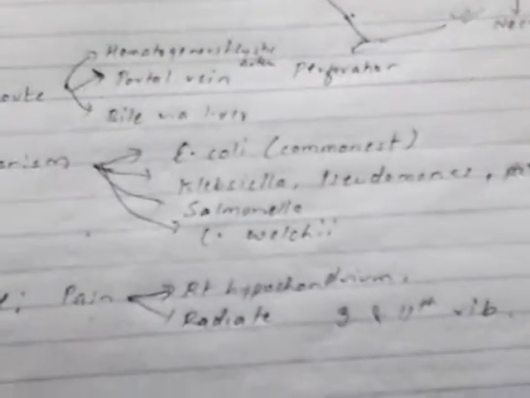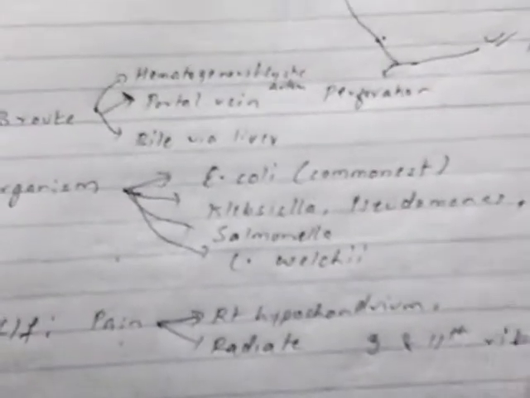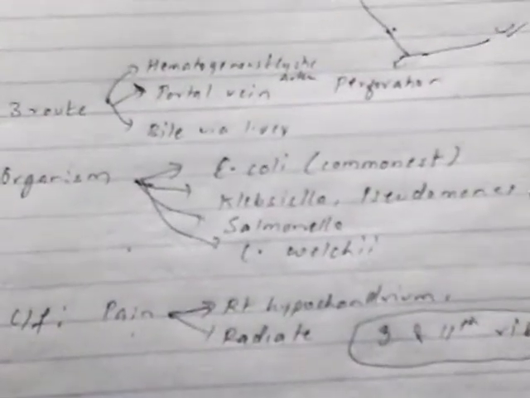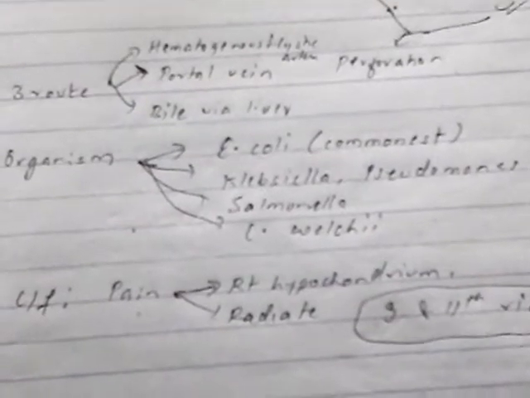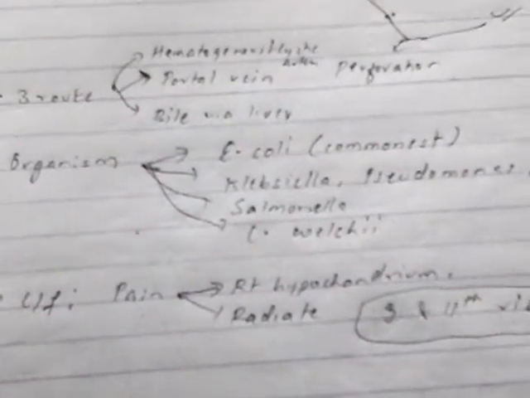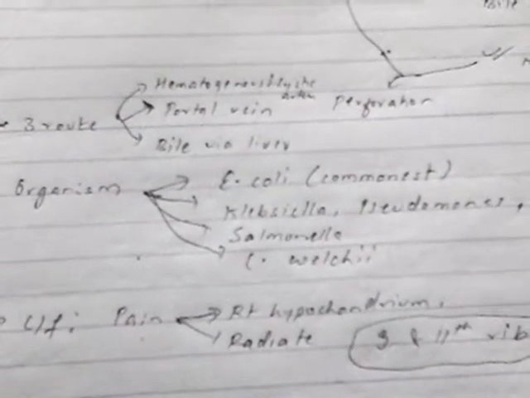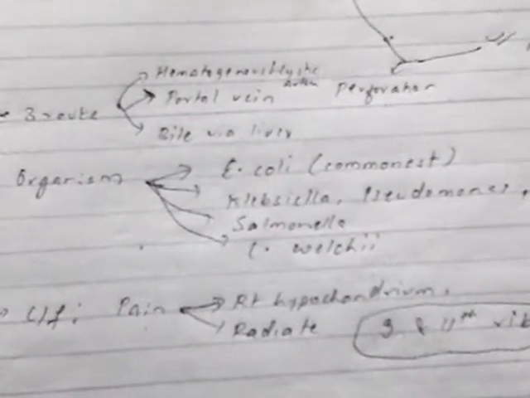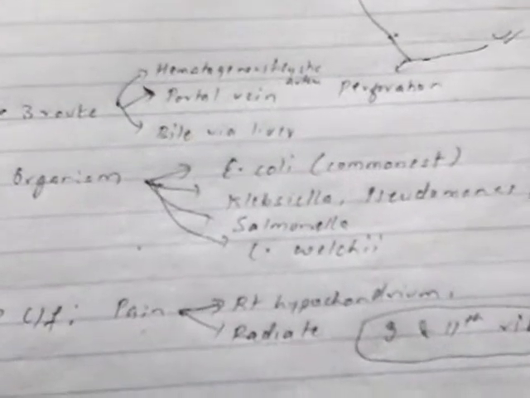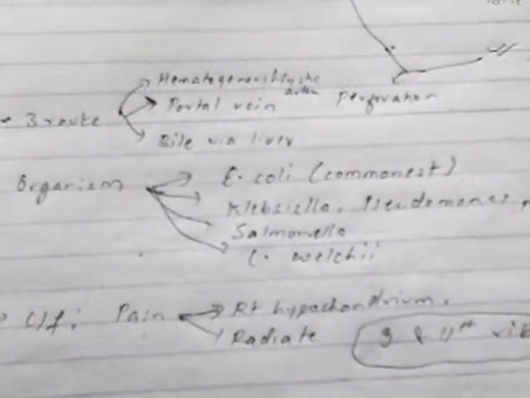There will be an area of hypoesthesia, and this hypoesthesia is called Boas sign.